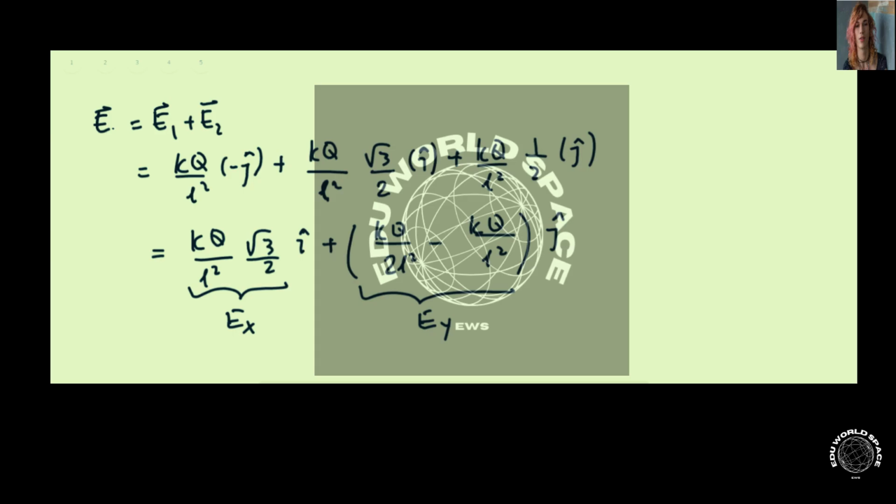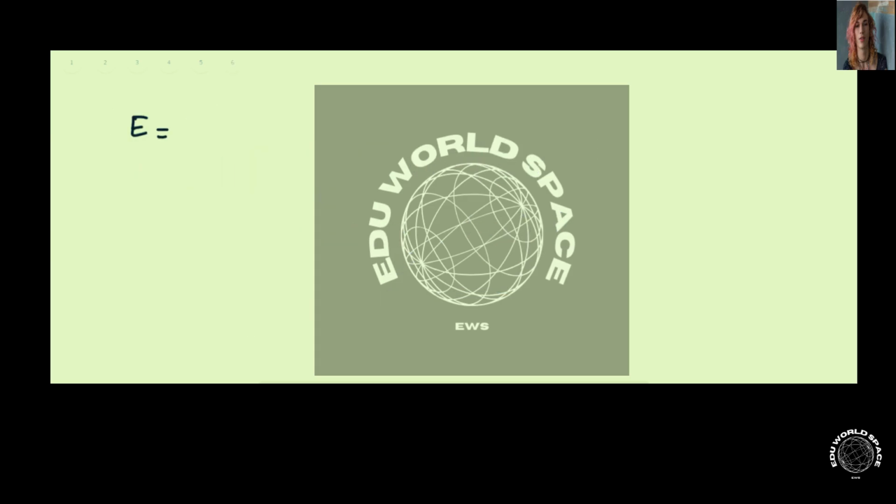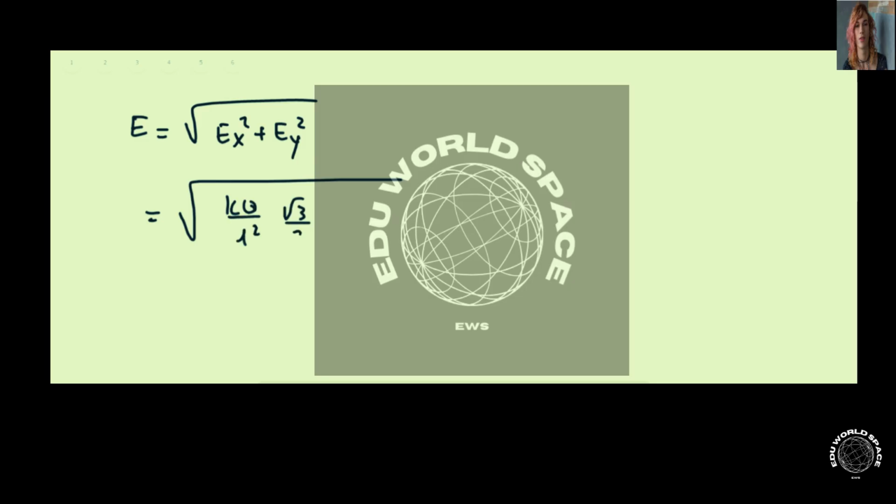As you know, the magnitude of this field is going to be equal to the square root of the square of the x component plus the square of the y component. Ex is kq over L squared square root of 3 over 2, squared, plus Ey is negative kq over 2L squared, squared.